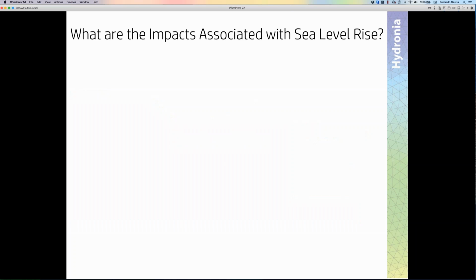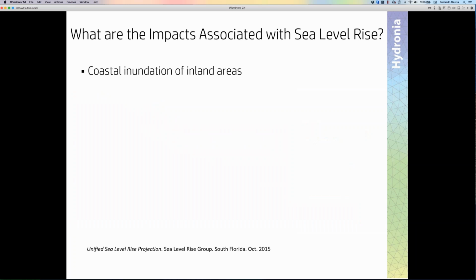What are the main impacts on coastal areas in particular? Well, first, it can generate more inundation, not only of coastal areas, but also of inland areas that can be affected or sometimes connected by rivers or canals.